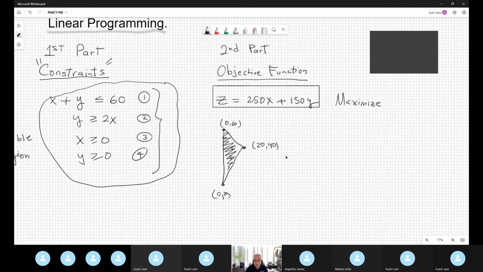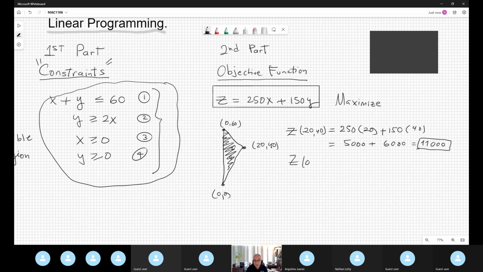For example, if you evaluate at 20,40, you just replace: 250 multiplied by 20 plus 150 multiplied by 40. Using a calculator, this is 5,000 and this is 6,000, and this is 11,000. And this is one solution here.